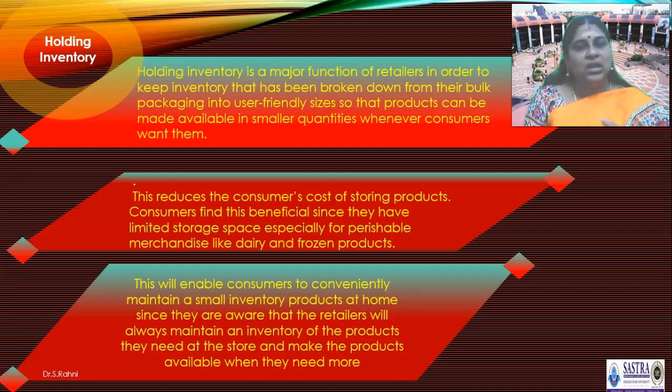For example, you don't want 15 kg of potato alone; you want only half a kg for regular usage. Consumers find this beneficial since they have limited storage space, especially for perishable merchandise like dairy and frozen products, vegetables, fruits, nuts, etc.